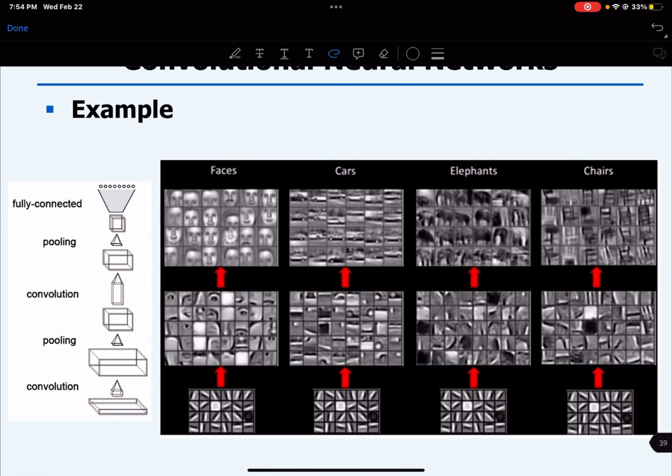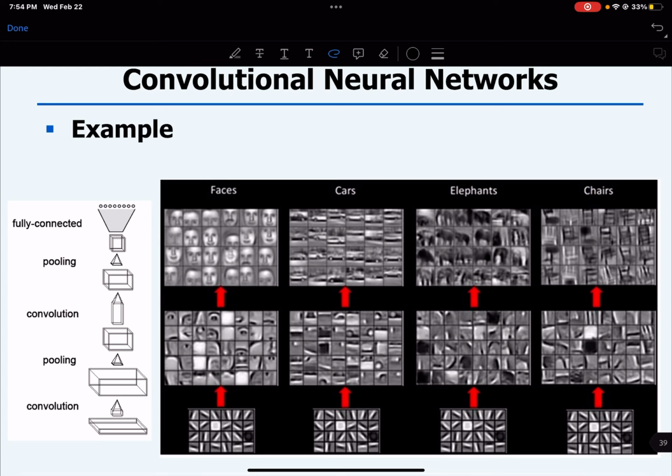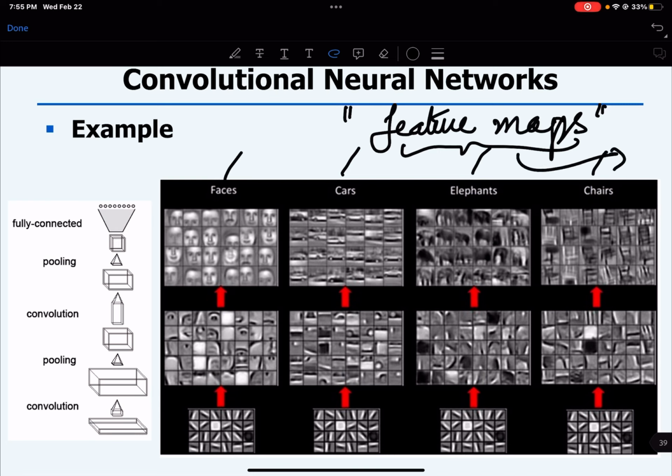Examples of convolutional neural networks are face recognition systems, identifying different cars, elephants, or chairs. If you want to identify certain objects, you will be using different versions of neural networks to extract the information and obtain the feature maps, which will further be used for your classification.